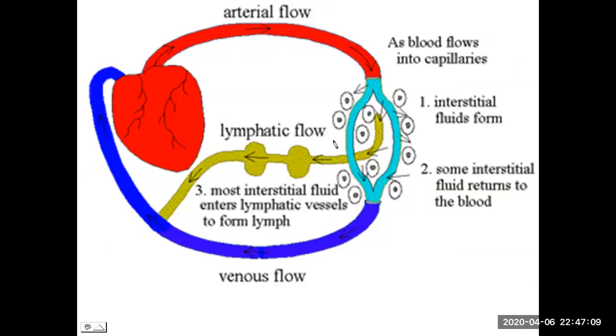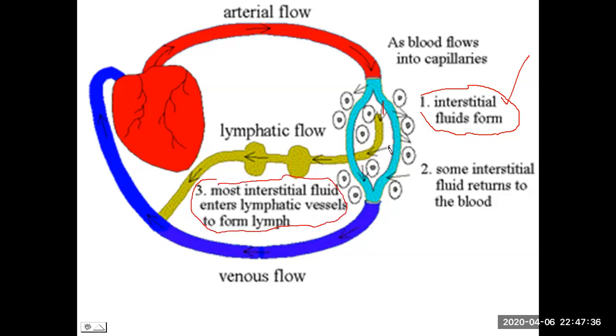So let's just start through this again. We're forming interstitial fluid, of course, here. So blood flows from the capillaries into the cells, and we've created interstitial fluid. Most of that interstitial fluid is now going to be transferred to the lymphatic capillary.